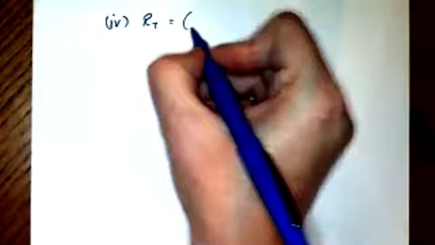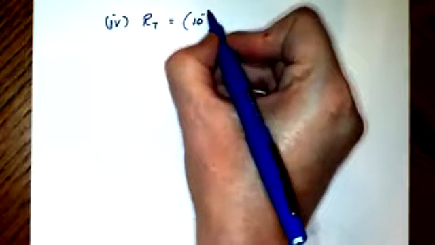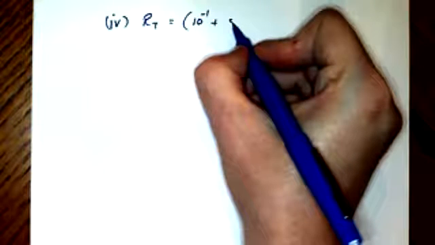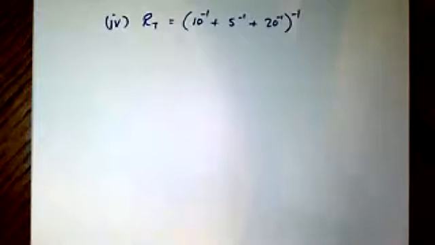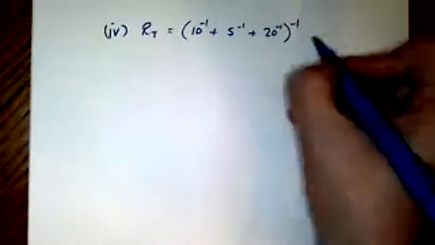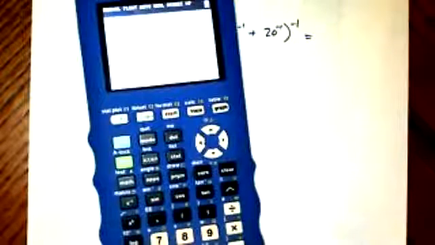So the total resistance in this circuit is going to be 10 to the -1 plus 5 to the -1 plus 20 to the -1. And I will take the x to the -1 of that. Let's put that into the calculator.